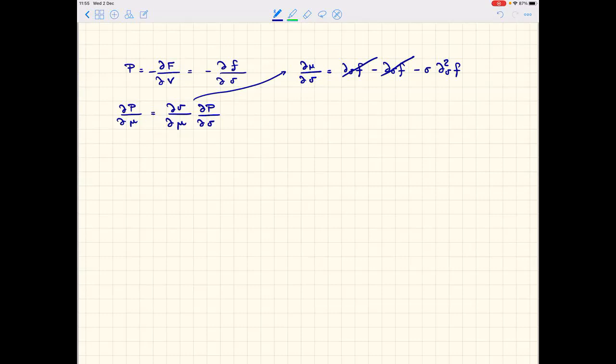And therefore, I obtain the following, that this is equal to 1 over minus V d squared V f. And then I have dP dV, which is equal to minus d squared V f. So the minus goes with the minus, this d squared goes with this d squared, and I have 1 over V.